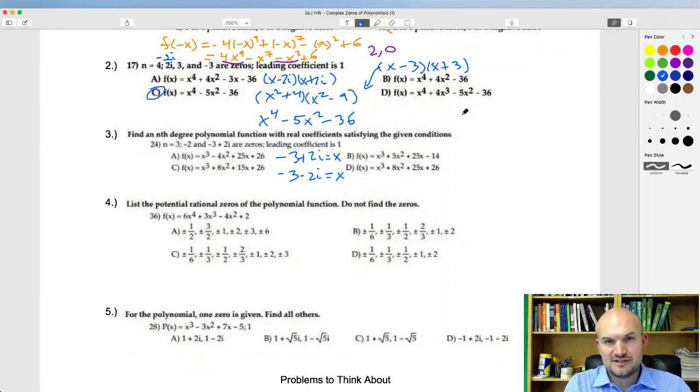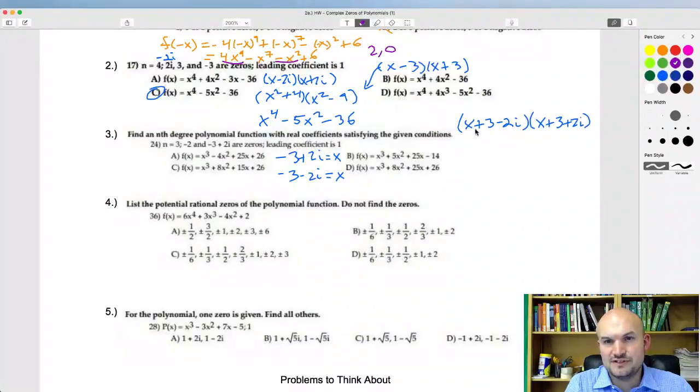So let's write these as factors, and we're going to do that same step that I did before. Let's write these as factors. So the factors would be x plus 3 minus 2i, and then x plus 3 plus 2i.